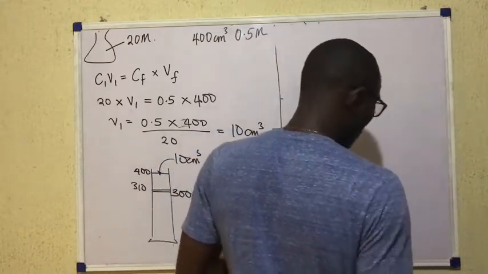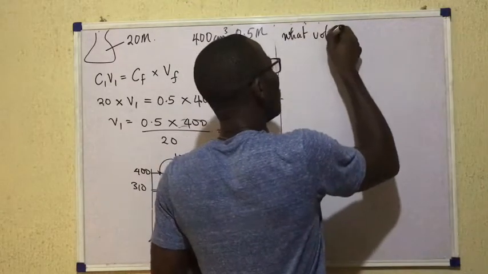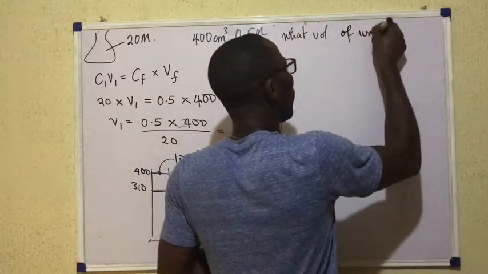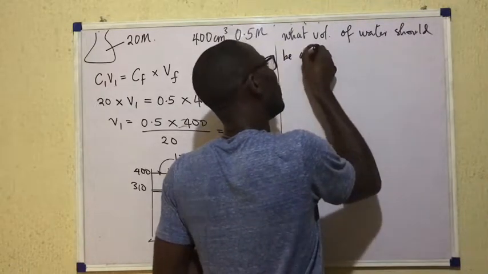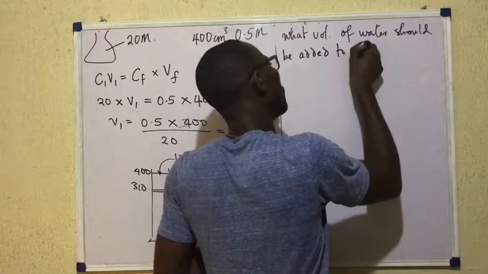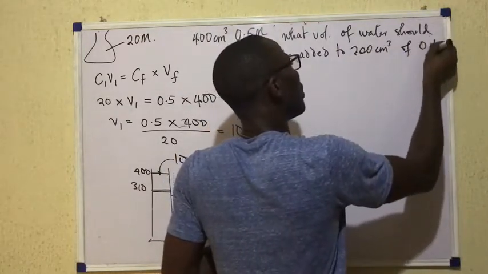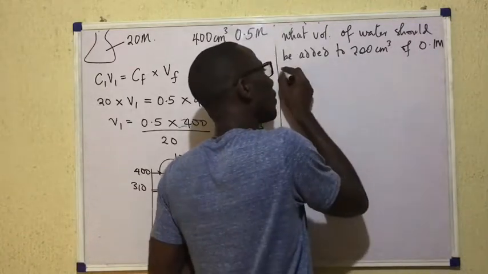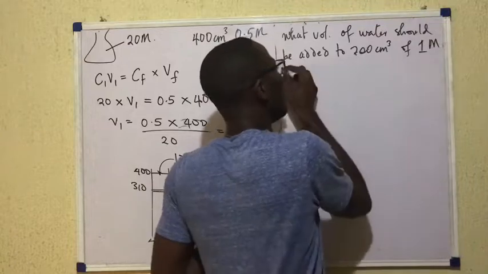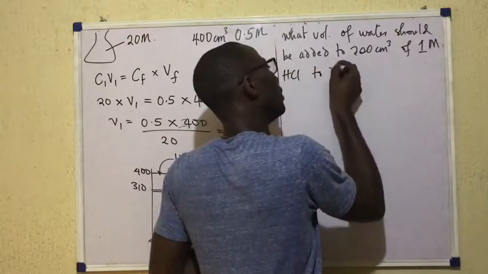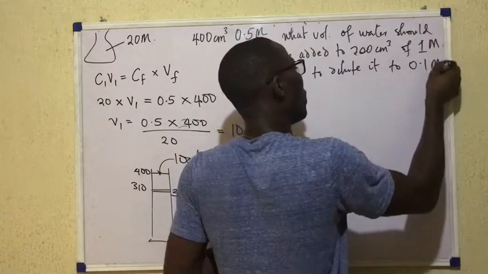The same formula actually. It says, what volume of water should be added to 200 cm³ of 1 molar HCl to dilute it to 0.1 molar?